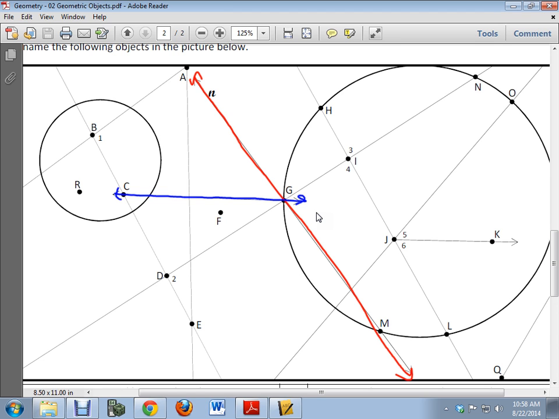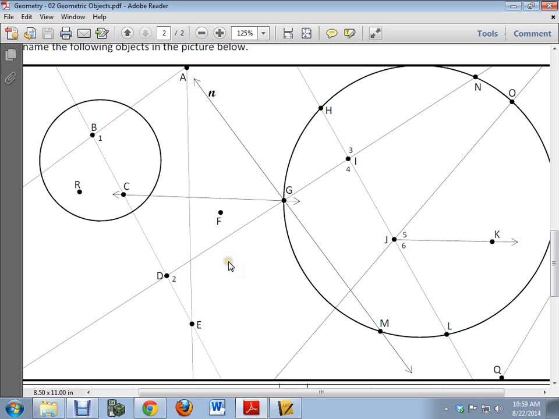Now, if I just took an actual ruler and measured this, it should be pretty clear that N is drawn longer than CG. But the thing is, N is a line. The line goes on forever. Even though I can't draw it forever, it goes on forever. So the question is, am I referring to CG, the line segment? Or am I referring to CG, the line itself?